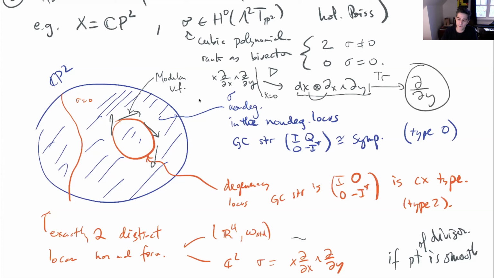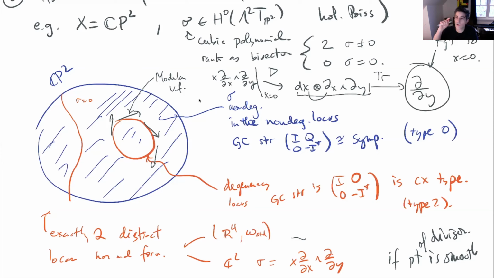And this is a vector field that is tangent to x equals 0. This calculation holds more generally for any Poisson surface. So there's a natural, canonical vector field there.